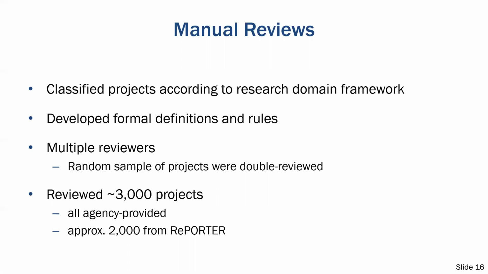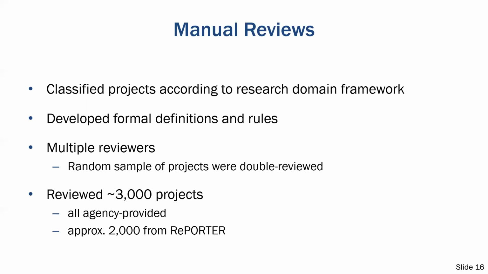We, in the end, reviewed around 3,000 of the projects in our data set. That included all 1,100 plus projects that were provided by the agencies as identified by them as likely to be in scope of our environmental scan. It also included around 2,000 project records from Reporter.